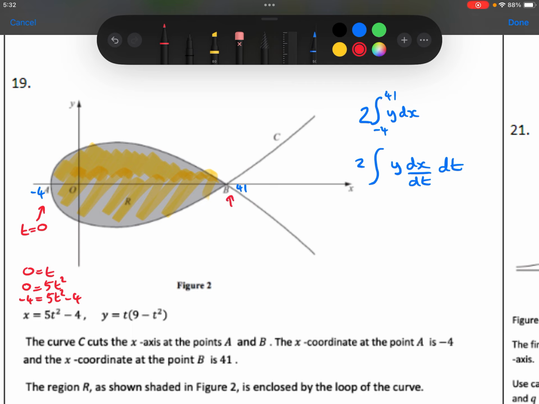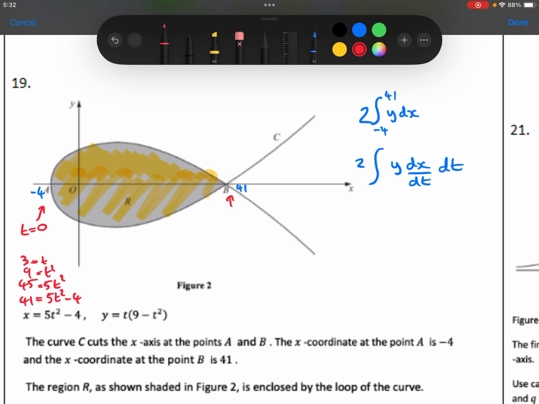When x is 41, we get that 5t squared is equal to 45. So t squared is equal to 9, so t is 3 or minus 3.